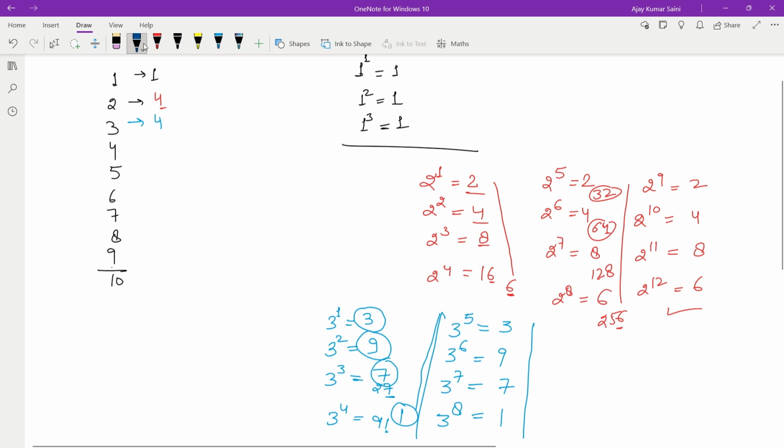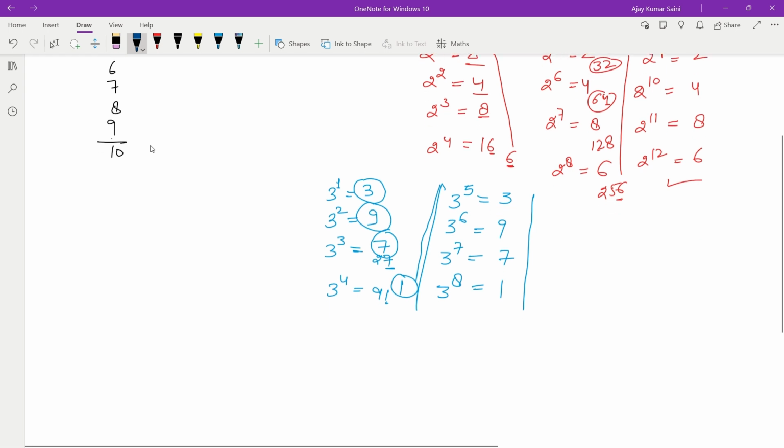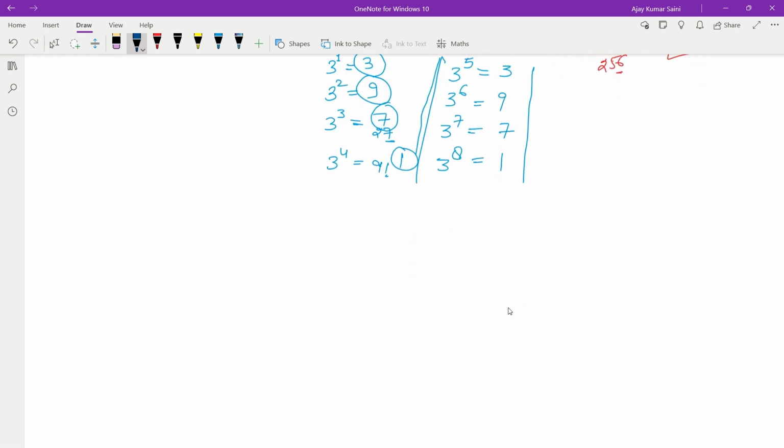Now come to the next, 4. If the power of 4 is 1, what is the value? 4. If the power of 4 is 2, the value is 16, so 6 is the last digit.